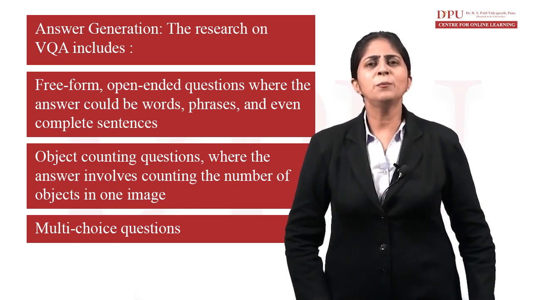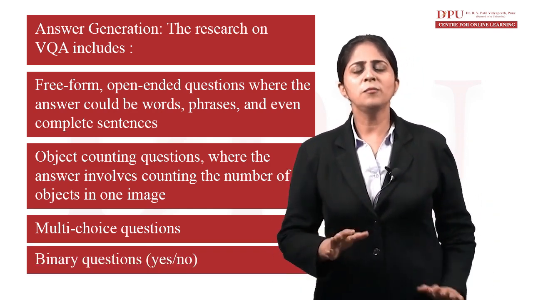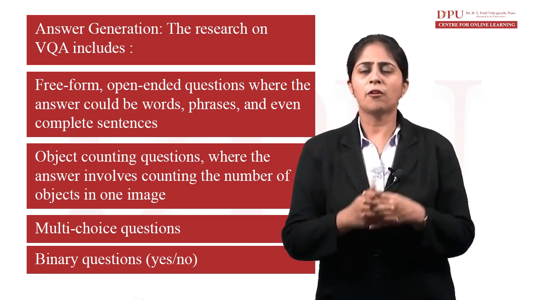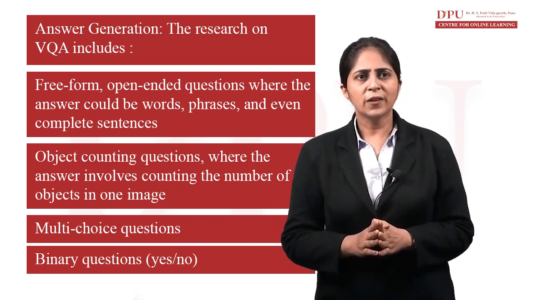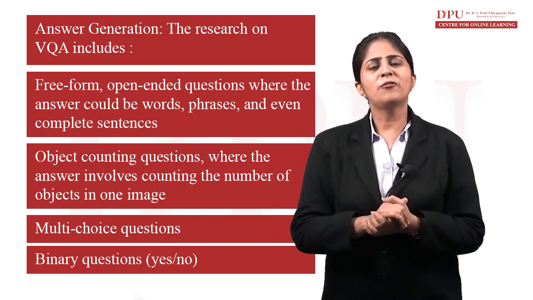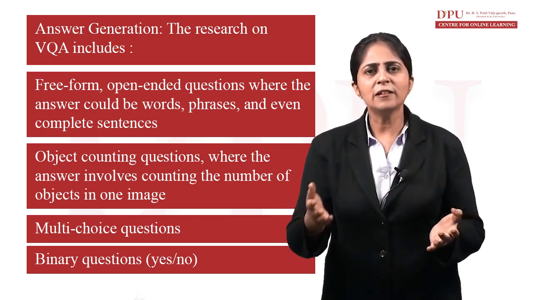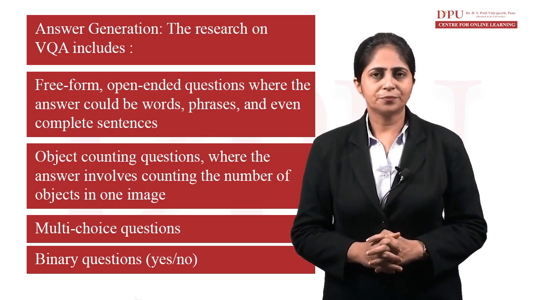Then there can even be binary questions. Binary question means the answer is in the form of yes or no. That means we can expect any form of answer generation from our neural network.